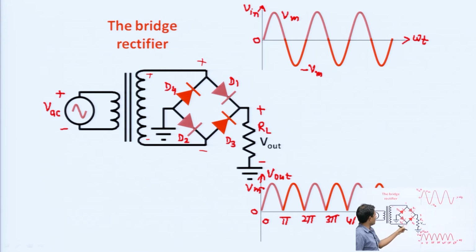Since here it is a minus terminal, D3 is in reverse bias and D2 is in forward bias. This means these 2 parallel diodes D1 and D2 are in forward bias, and the parallel diodes D3 and D4 are in reverse bias. So, I am going to discuss the working of this circuit diagram.